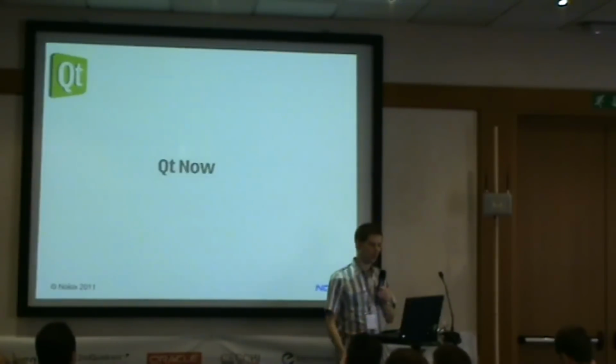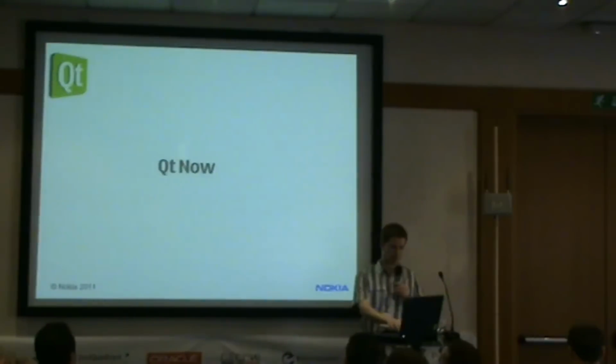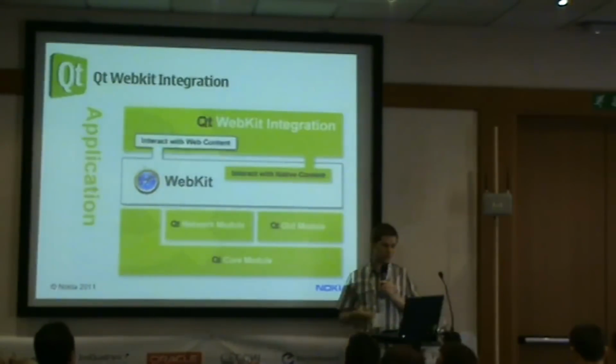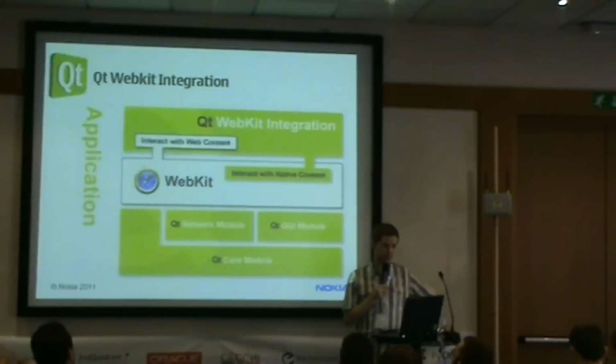So where we are now then, it's already 6 years since 4.0, and the world has changed a lot, and so has Qt. First, some of the more trivial but still significant things, like the WebKit integration.